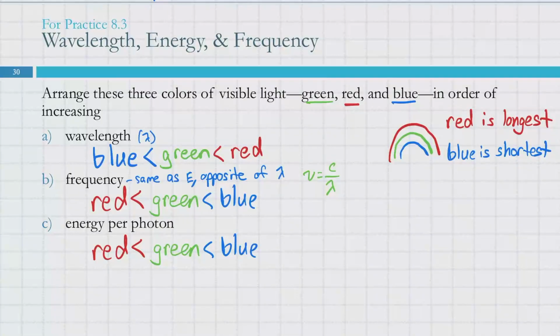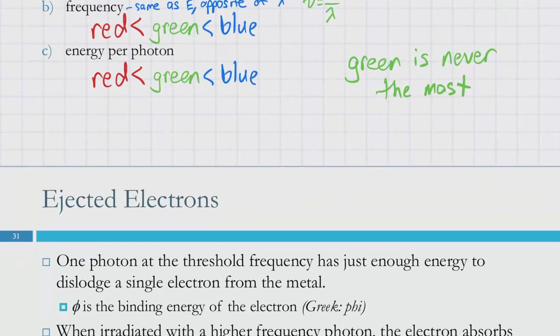So if you're given a question like this, where it's asking for the highest energy, the highest frequency, the highest wavelength, even if you don't remember the order, pick one of the outermost ones. You narrow yourself down to a 50-50. So green is never the most. The order is always going to be rainbow order. It's either going to be from red to violet, or it's going to be backwards, from violet to red. It's always going to be in color order. So those are my tips and tricks for you.